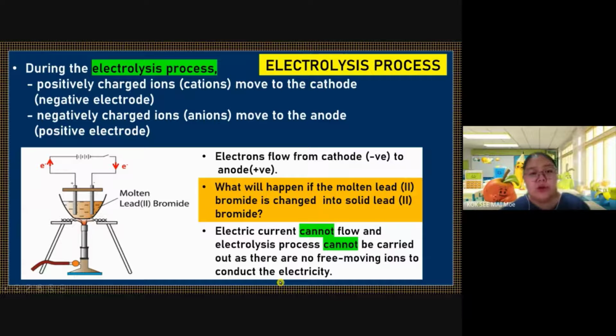If no ion flow, the whole process cannot function. It cannot function because you just provide the electricity from the outside battery, but inside there is nothing to move. So this situation cannot happen when they are just in the solid state. They must be in a molten state.